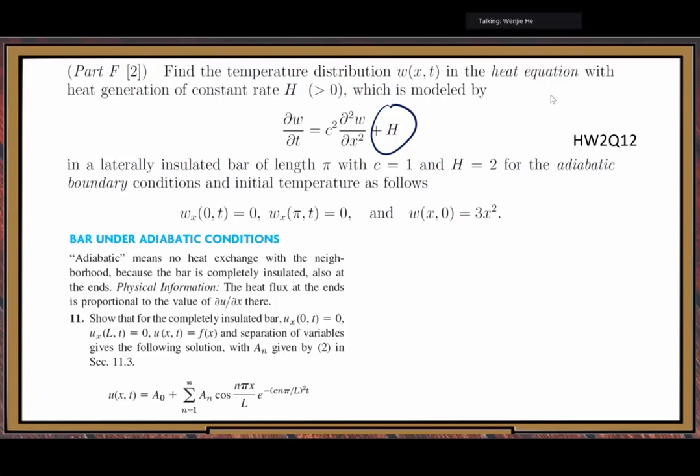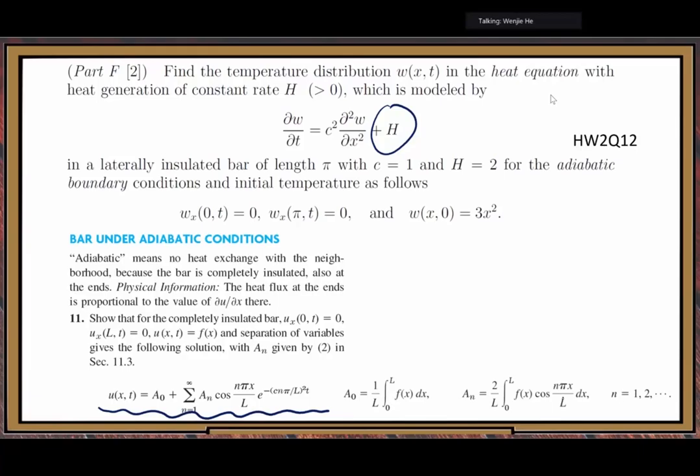Here, in our textbook, it gives the u function that corresponds to our w function. Okay, it gives the Fourier series representation, and the capital A, capital B can be calculated with the given formulas.